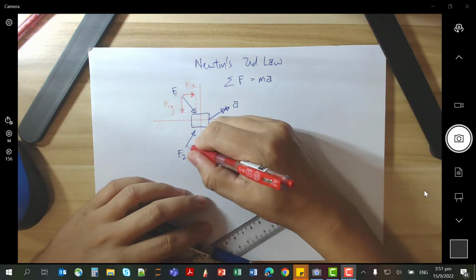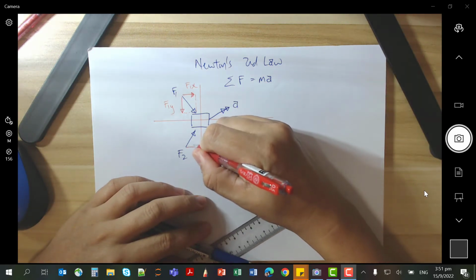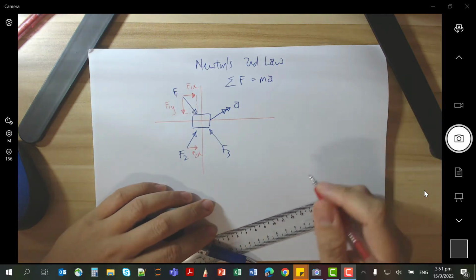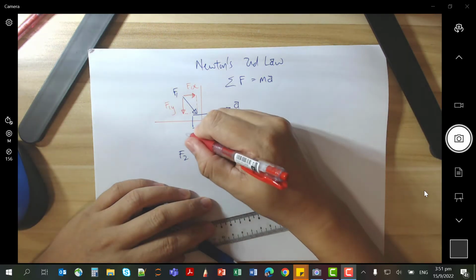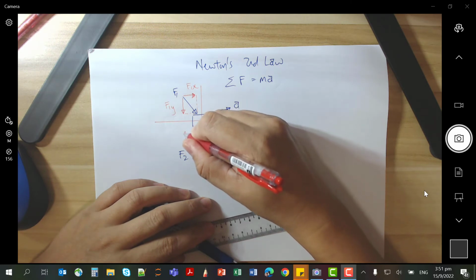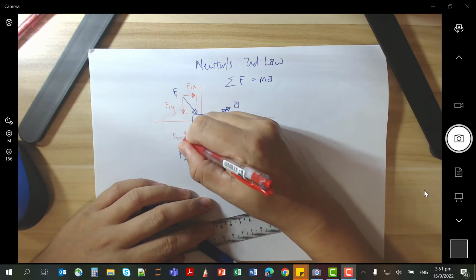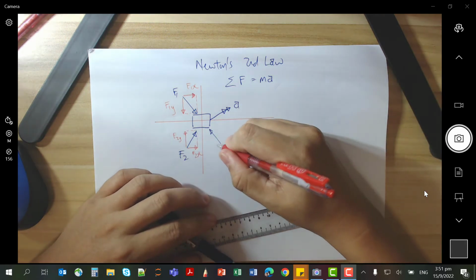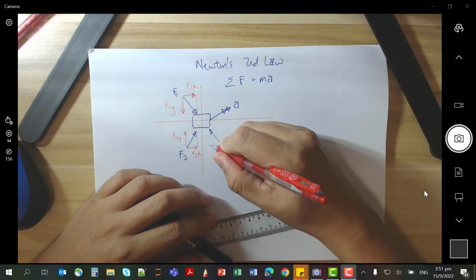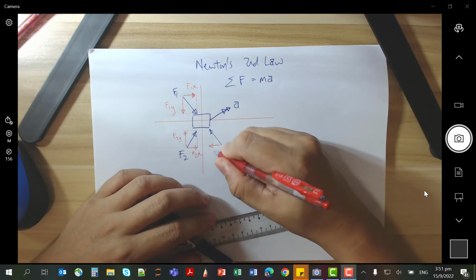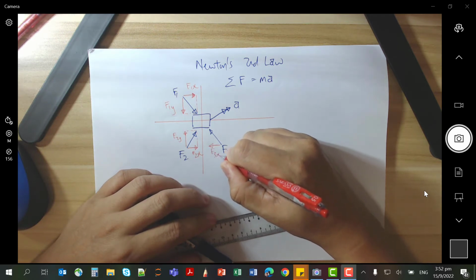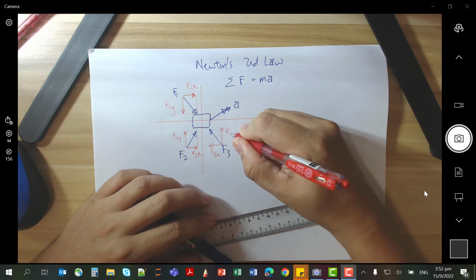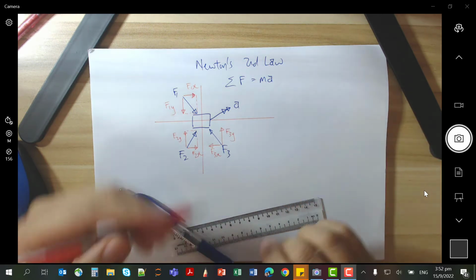Likewise F2, the horizontal component is this way, F2x, and the vertical component, F2y. And last but not least, F3x will be pointing to the left side, and F3y would be upwards.